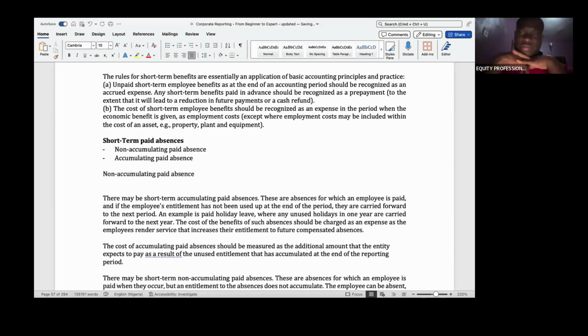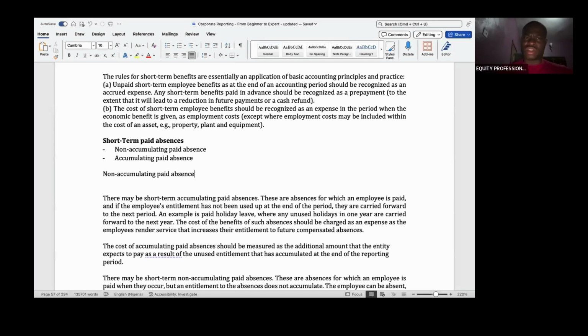You see, this one, we are saying that if you don't take your leave this year, it's gone. Then how do you then account for a scenario like that? So, like I mentioned earlier, the key thing is, at what point do we owe as an organization?